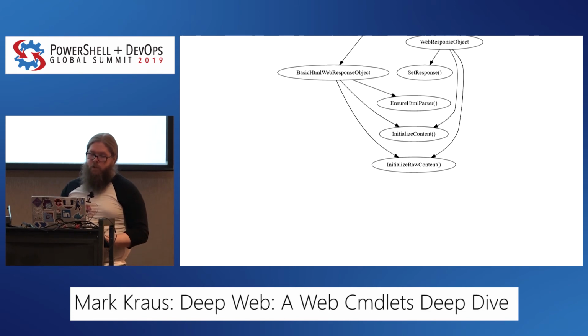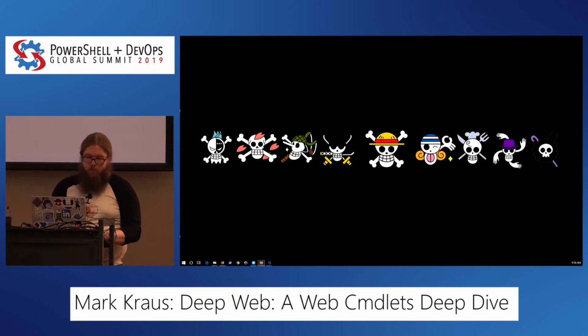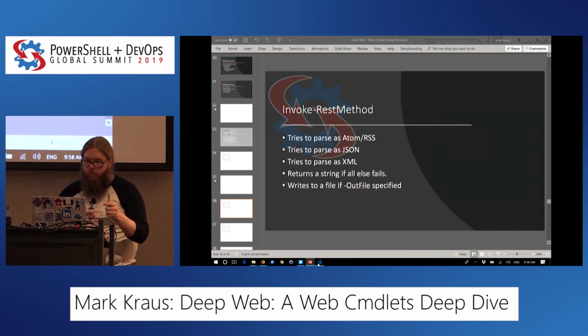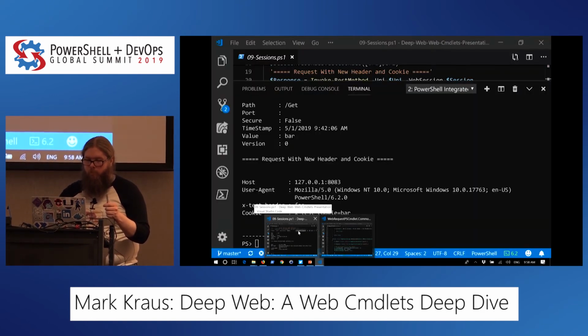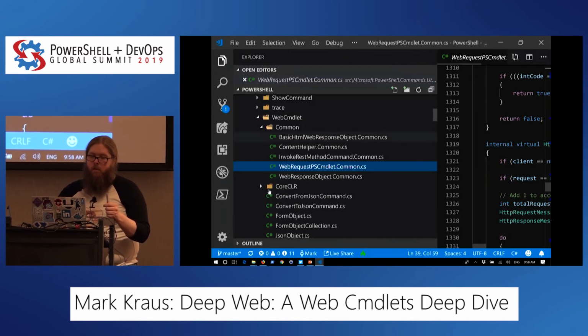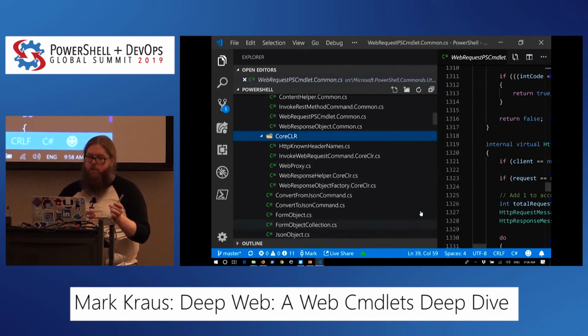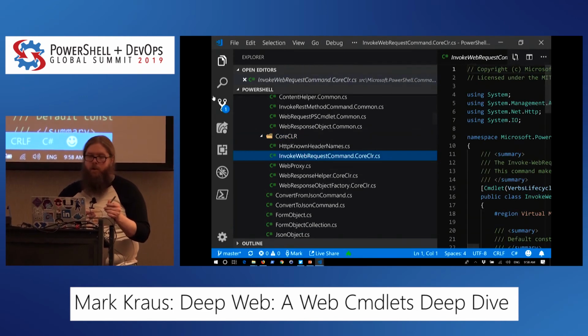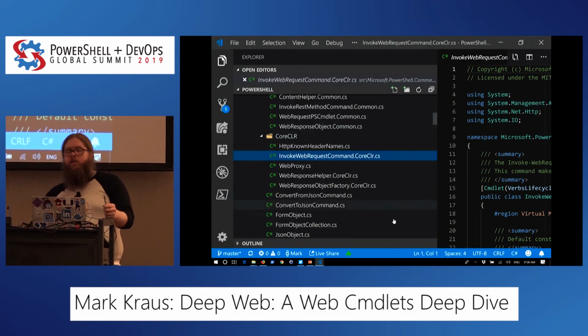And where this is located then, here we have the CoreCLR, because that's easy to remember. InvokeWebRequestCommand CoreCLR is where this one's at. So originally there was some work done to make the web cmdlets available in both the traditional fashion on Windows PowerShell and PowerShell Core.